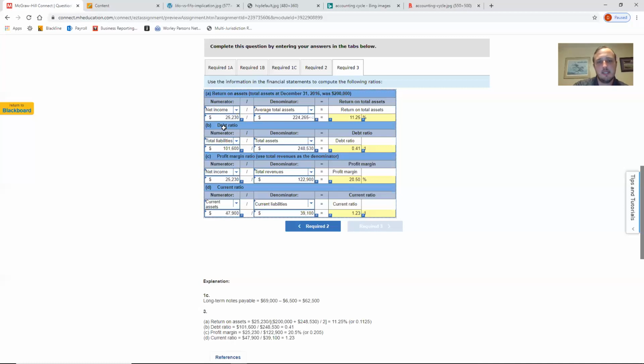So here the debt ratio is just going to be your debt, which is total liabilities, divided by total assets. And remember, total assets equals total liabilities plus total equity. So it makes sense that the debt ratio is what percentage of your assets is tied to your liabilities first.